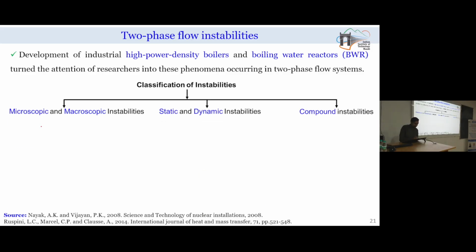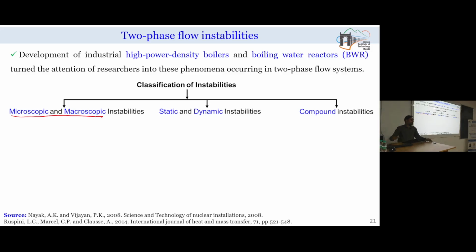Some of these instabilities are mainly classified as microscopic and macroscopic instability. Microscopic instability means, if you have an evaporator, whatever instabilities develop because of bubble formation, the waiting period of the bubble, or such microscopic issues, come under the microscopic scenario.